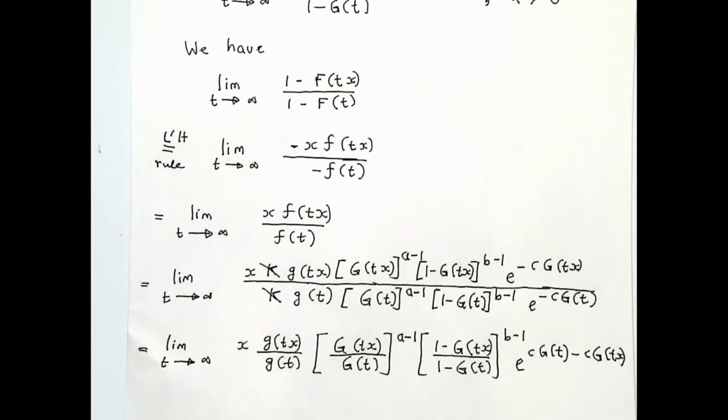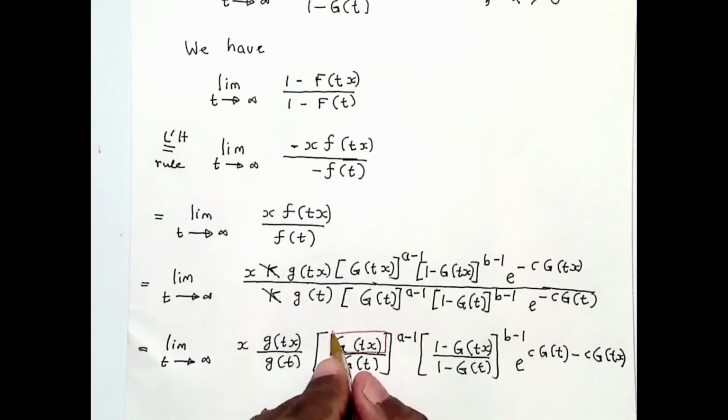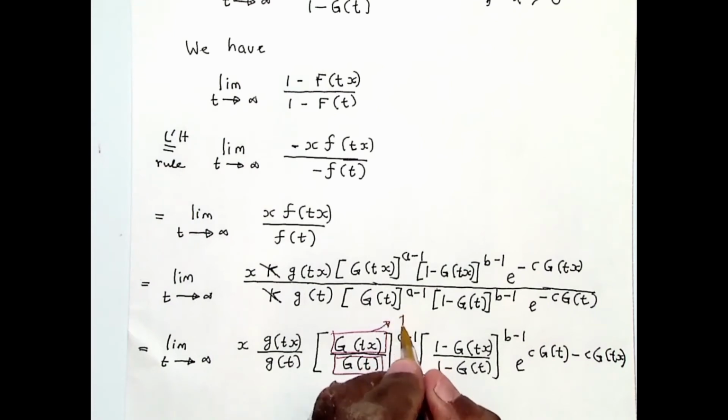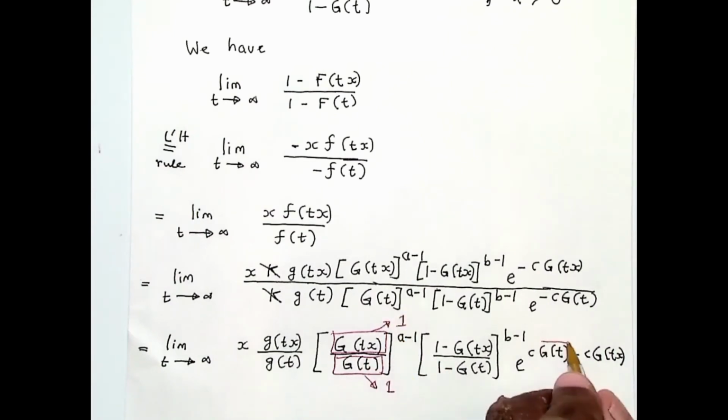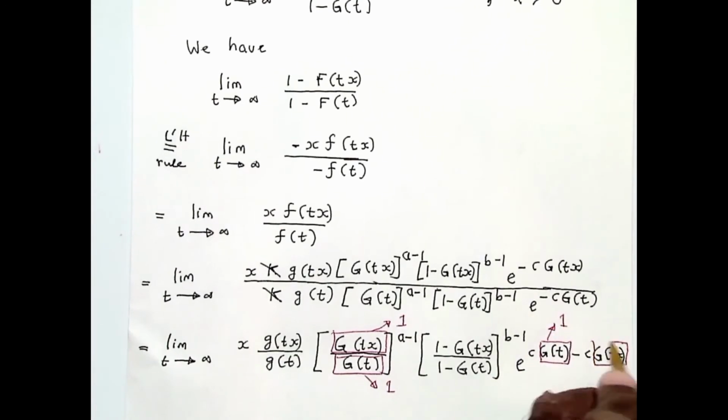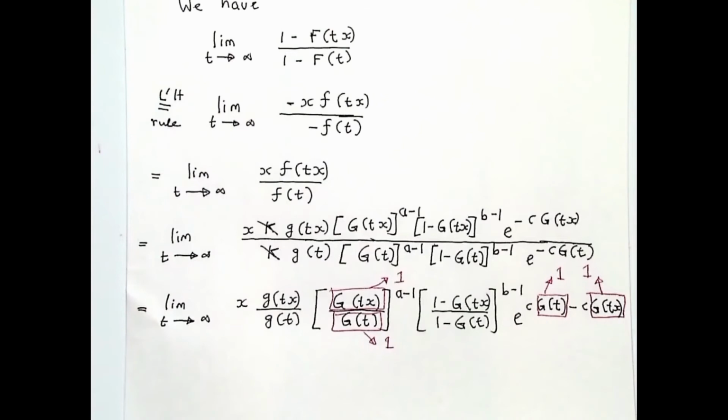Okay. Right, now as t goes to infinity, by definition, each of these will go to 1, because infinity is the upper end point. Okay. And this one here will also go to 1, and so will this one. Okay, so you see a lot of things simplify.